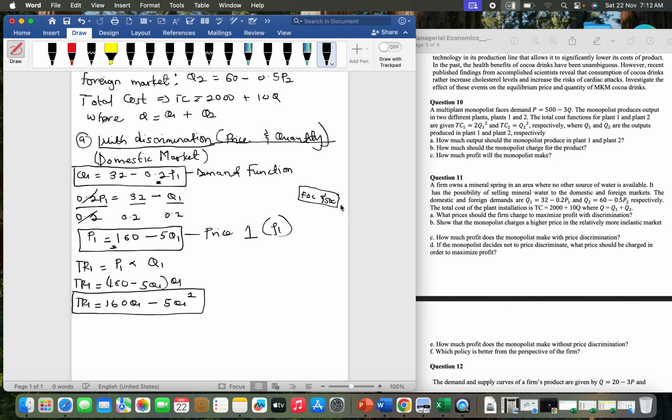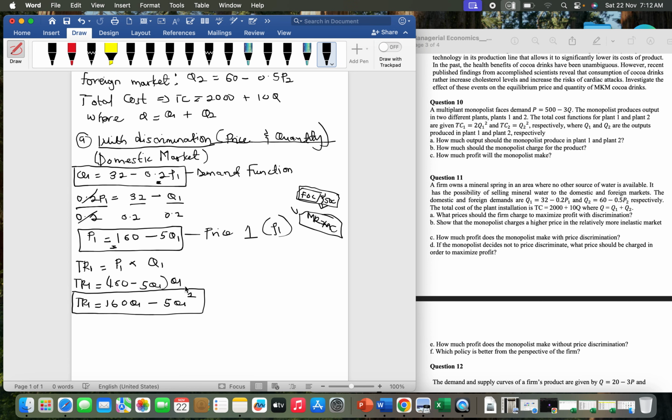It can also be applied to this particular question, but our focus is just on first order condition. You can also use the concept that marginal revenue is equal to marginal cost to solve this question. This particular one is a bit simpler. So with this question, I'm going to use the MR is equal to MC concept to solve the question.